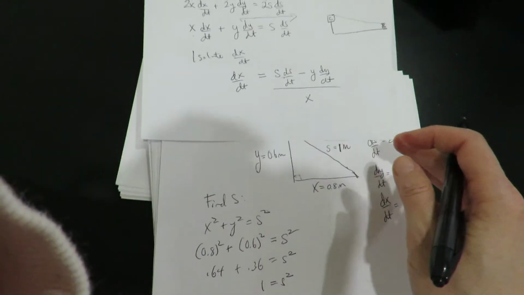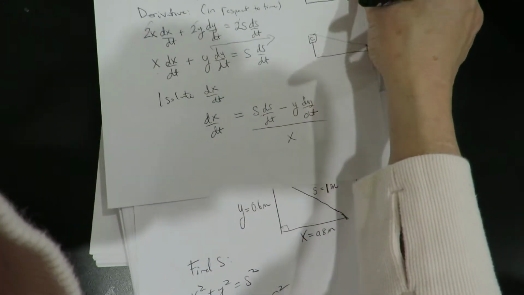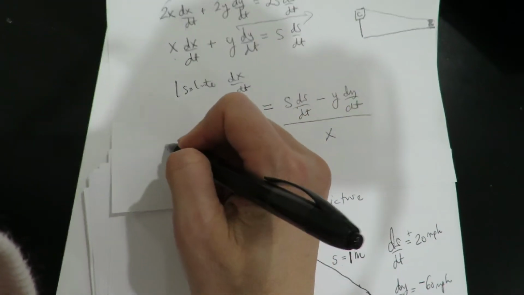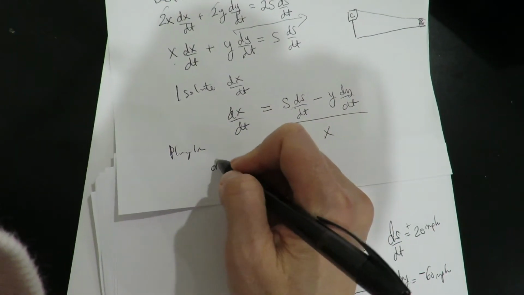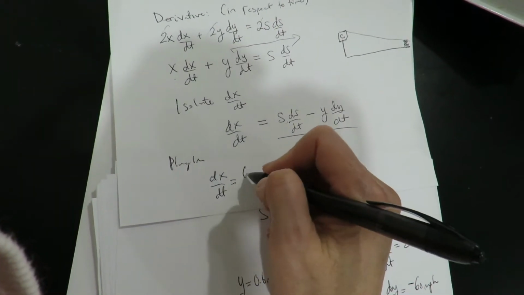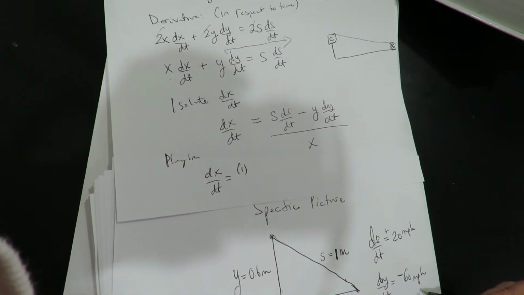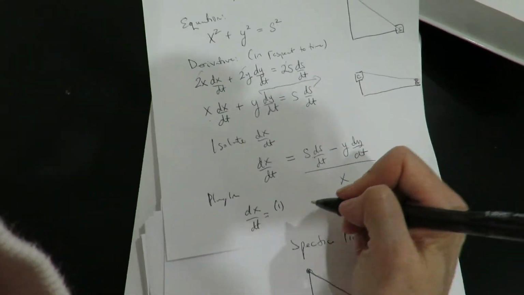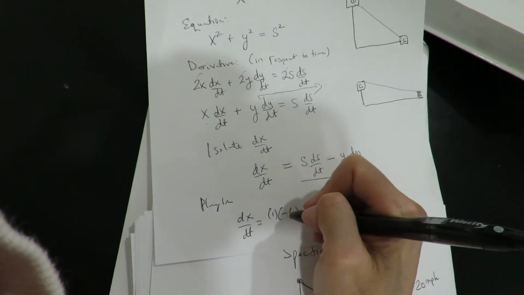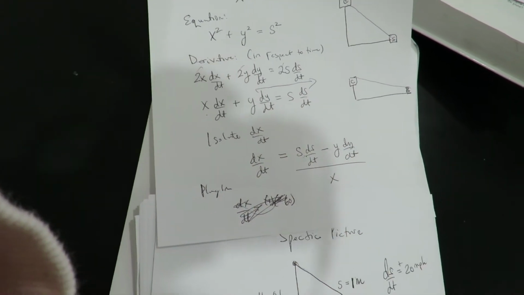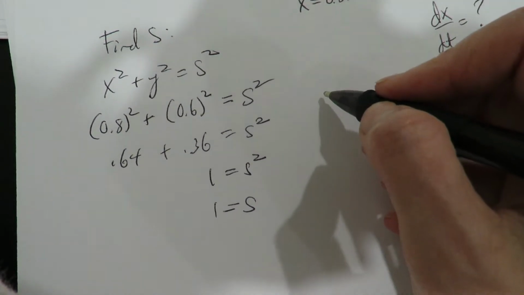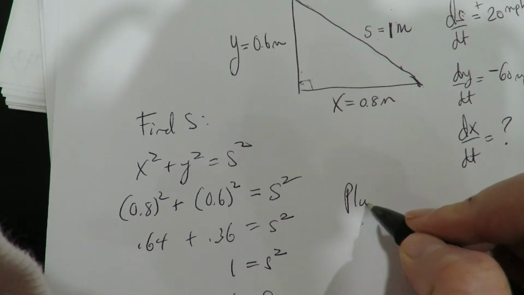Alright, so now we can plug in. We now know all the bits. We know all the parts. So let's try that. Plug in. So dx dt is equal to, alright, s we said was 1, ds dt we have is negative 60. Oh, sorry, ds dt is 20. My bad. Let me plug in over here.